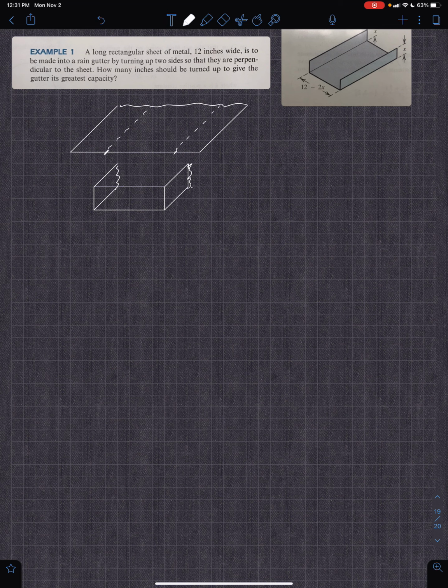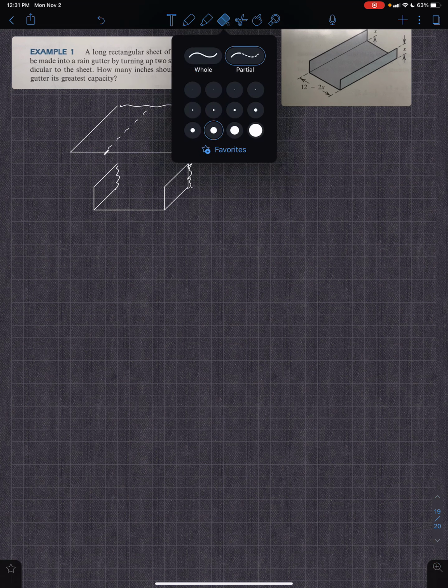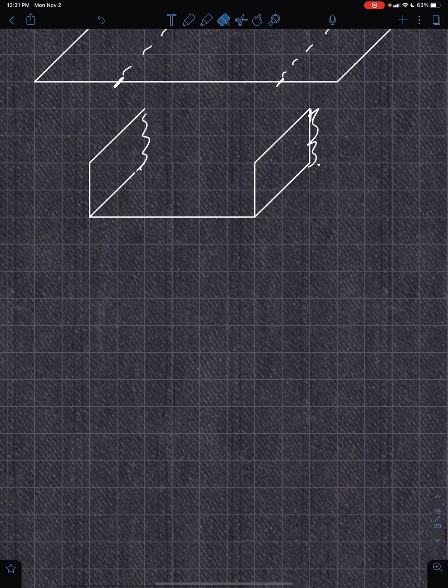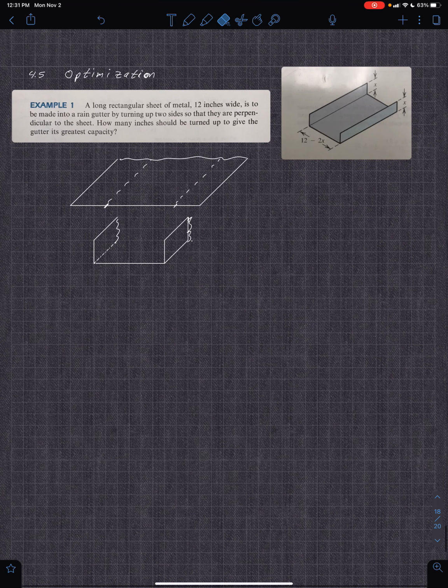And so that's open. That's really nothing there. What I wanted to do was make these dotted back here, like that. And that's what the picture is on the side.